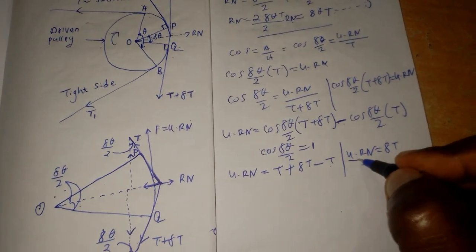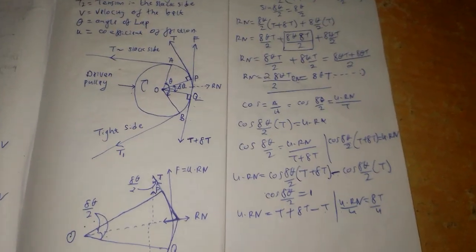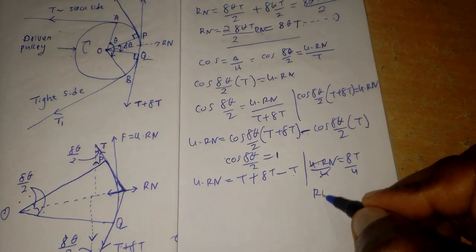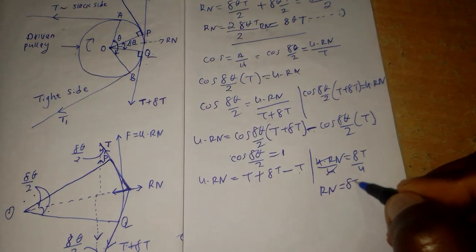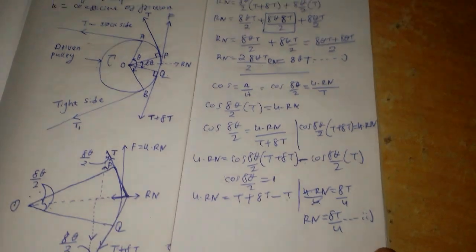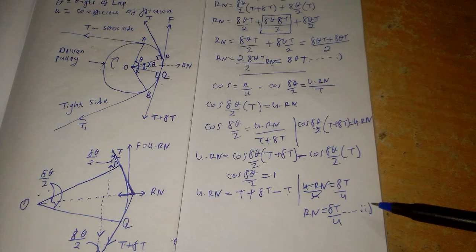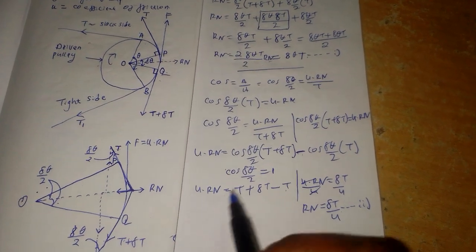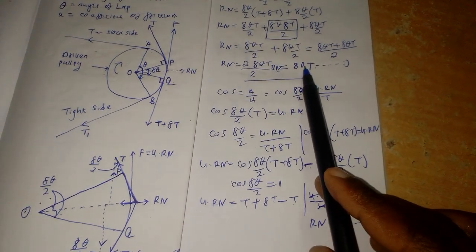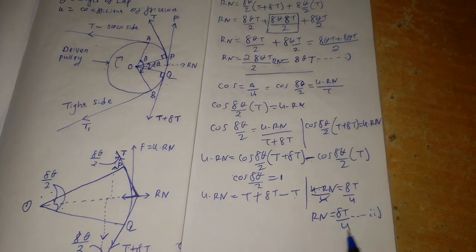Now divided by mu. Now Rn equals alpha t over mu, equation 2. Now we have equation 1 and equation 2. Let's equate them. Equation 1 is Rn is equal to alpha theta t. Equation 2 is Rn is equal to alpha t over mu.